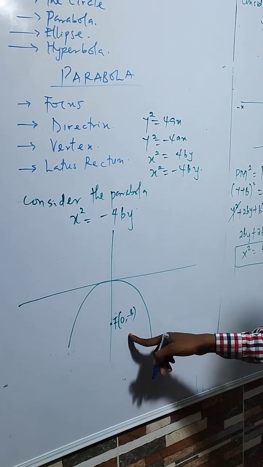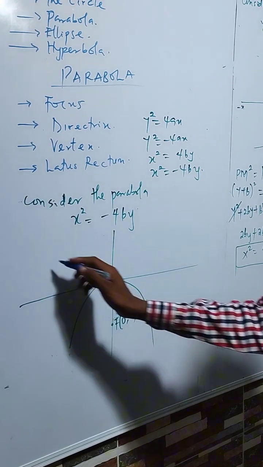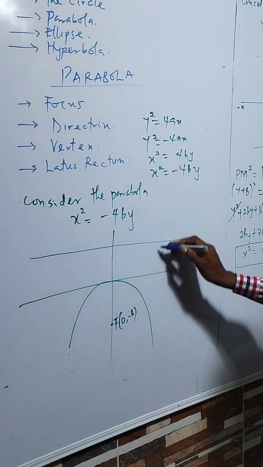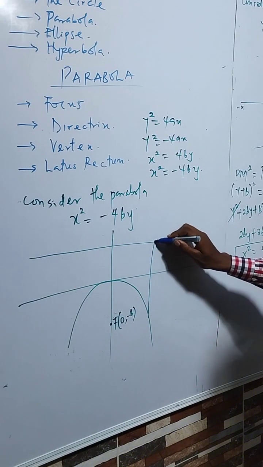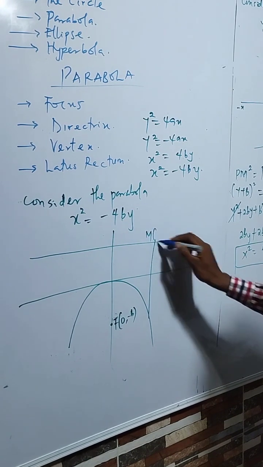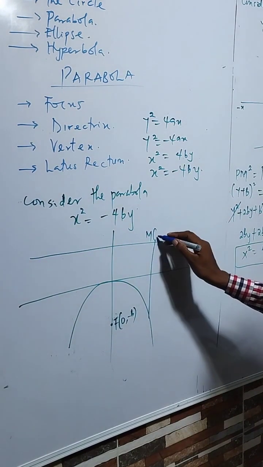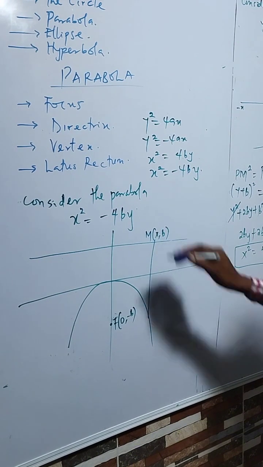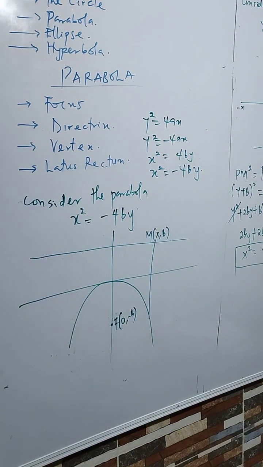That's what it's showing here. So I will have my line of directrix here. At this point I'm going to have this point, let's call that point N, which is x, comma, b.